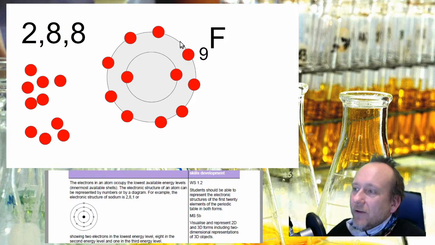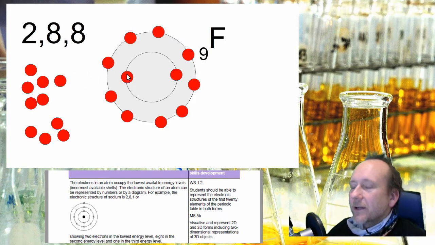So there are 2 errors here. Firstly, maybe the student panicked and put 9 electrons because they see the number 9 here in the second shell, but you're not allowed more than 8. And the second thing that might have happened here is that they simply put too many electrons in there because they're not easily countable. So you need 2 in the first shell and then 7 in the second shell.